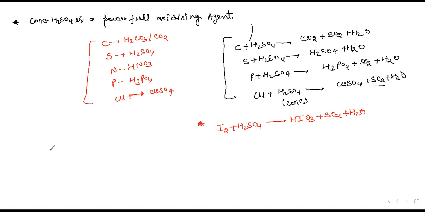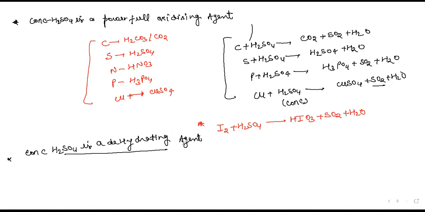Then beta, the next property of concentrated H2SO4 is that it is a dehydrating agent. As we know, with ammonia or HCl, it is a powerful dehydrating agent. Dehydrating agent means it absorbs the water molecule. It has a high affinity with water molecules.